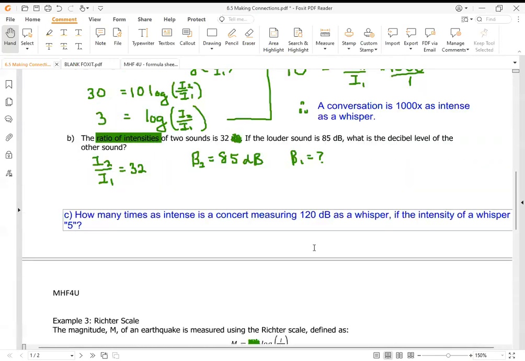No, I think I might have to change it. How many times is this as a whisper?